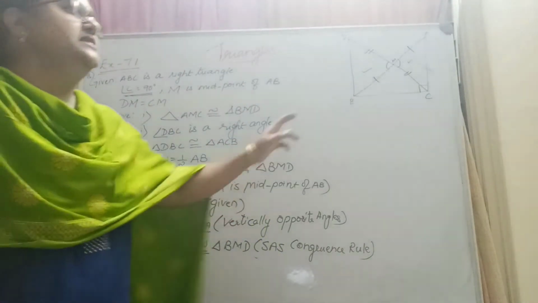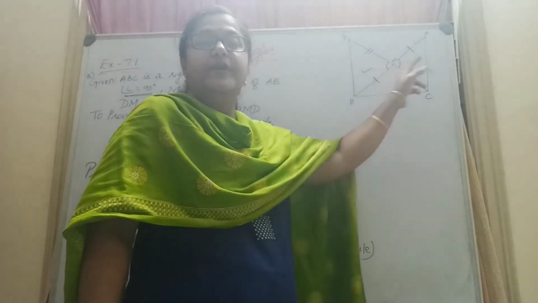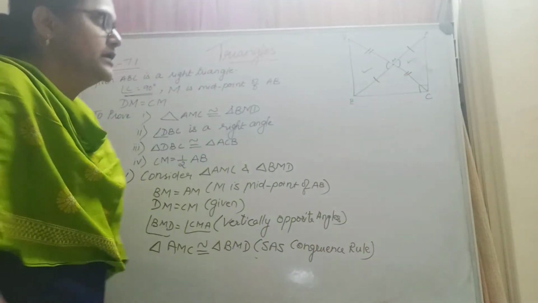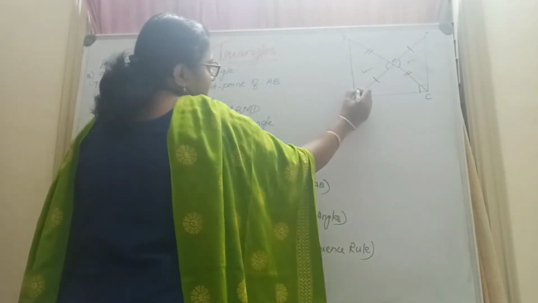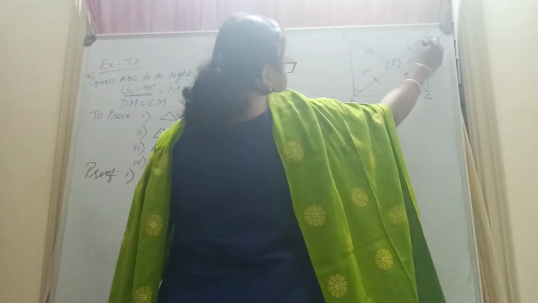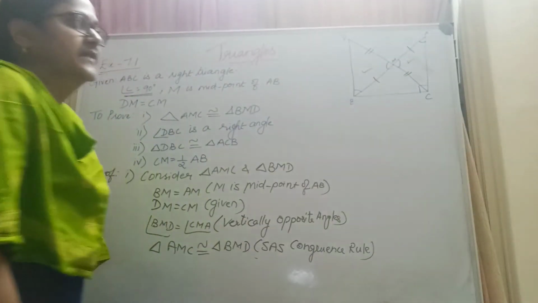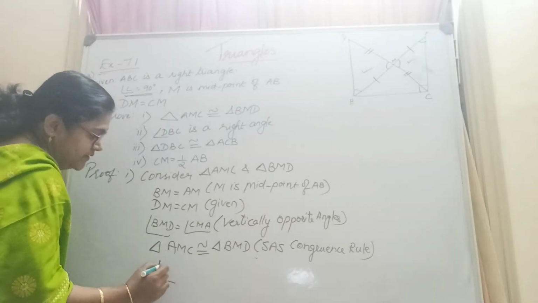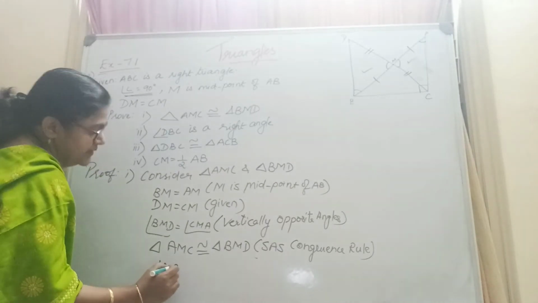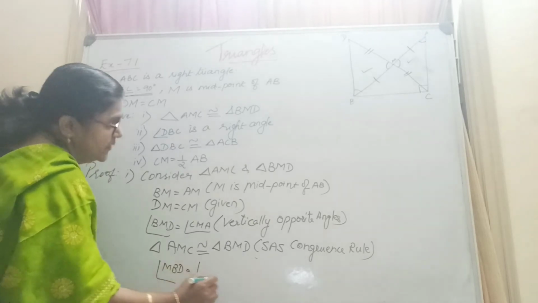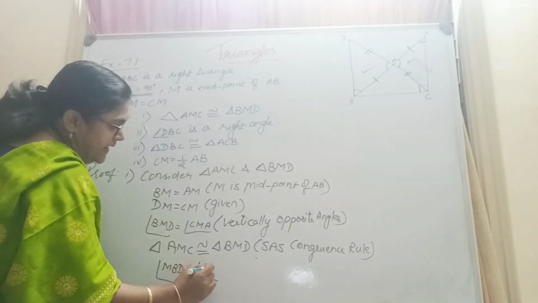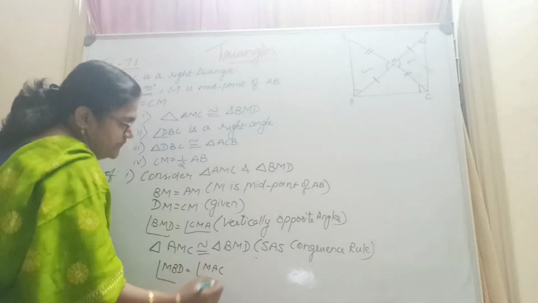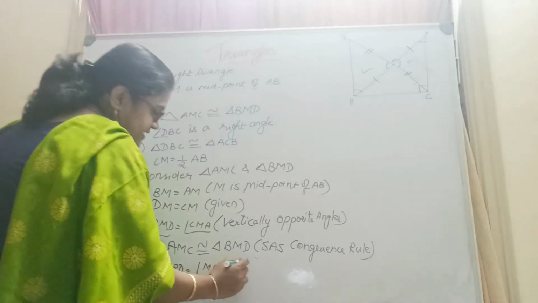Okay. Since these two triangles are congruent to each other, now I can conclude that this angle is equal to this angle. That is, angle MBD is equal to angle MAC. CPCT.